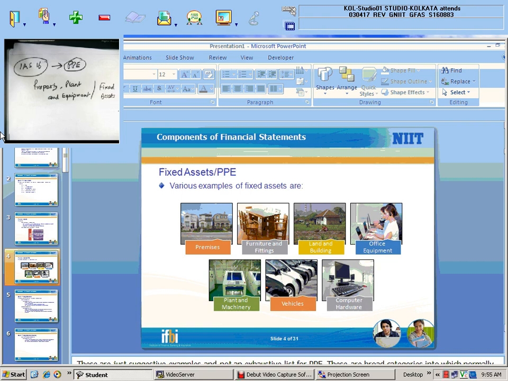PPE gets classified under broad categories. Like one category can be land and building, the other category can be furniture and fixtures. One more category could be computer hardware, vehicles. So there are broader categories within which different fixed assets get classified.